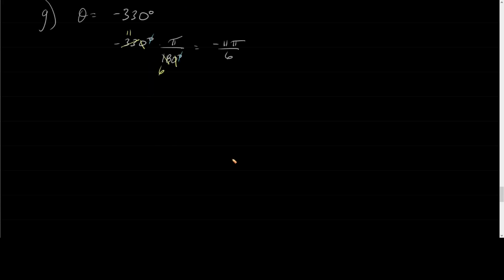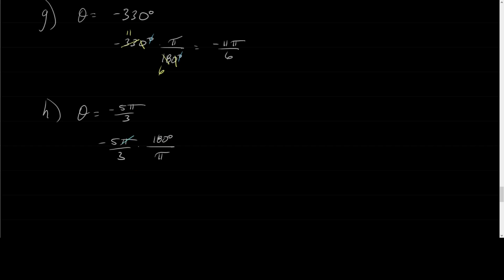Let's do another one. So let's say that theta is equal to negative 5 pi over 3. Well, I'm going to take negative 5 pi over 3. And since I want to cancel out radians so that I go to degrees, I'm going to put the pi on the bottom and the degrees on top.